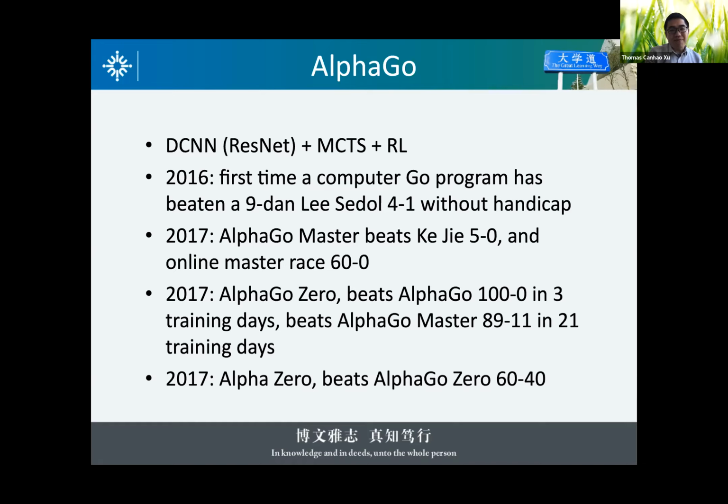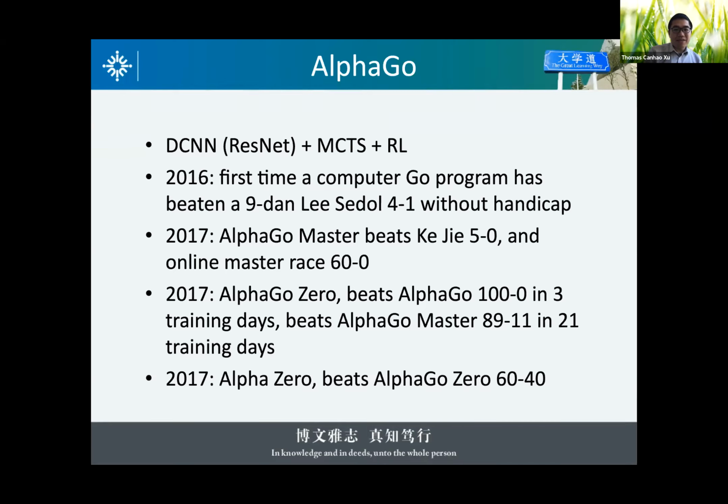Later on they had AlphaGo Zero, and then AlphaZero. This is kind of complicated. This happened basically in about 2 years. They published some papers in Nature and Science, introducing the ideas for the Go game.